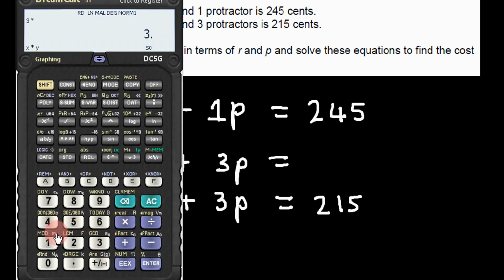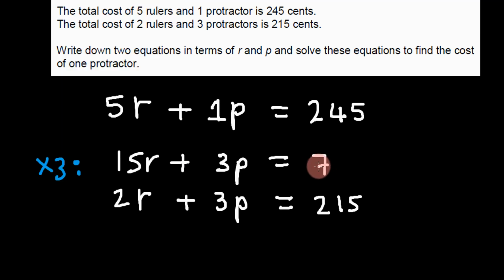So 3 times 245, that gives us 735. Now the coefficients of the P's are the same, and we can call this equation 1 and this equation 2.